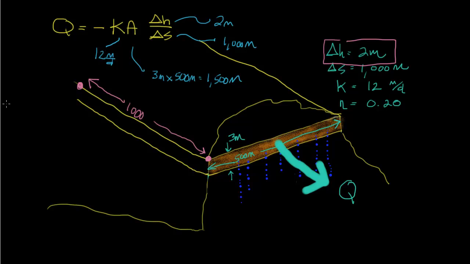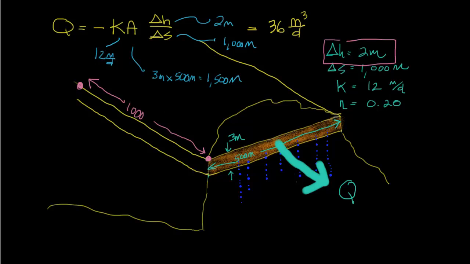When we plug into this equation, we get that the discharge Q is equal to 36 cubic meters per day. So we could then calculate if that's enough water, for example, to irrigate crops or whatever we want. Okay, that's the big Q discharge, 36 cubic meters per day.